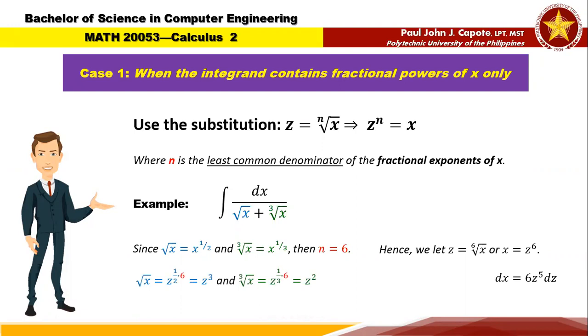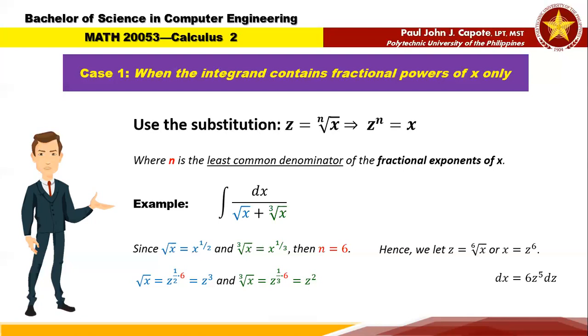Therefore, we can express square root of x as z raised to the power of 3. But how did we get z raised to the power of 3? Since the square root of x can be expressed as x raised to the power of 1/2, we multiply 1/2 by our n, which is 6.